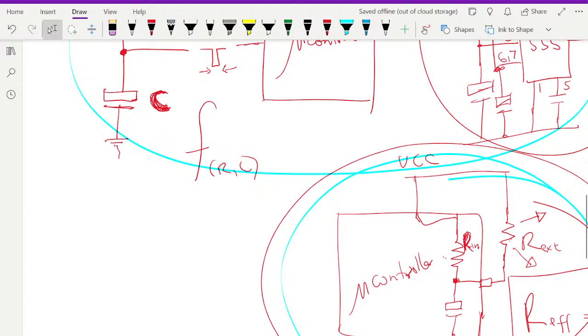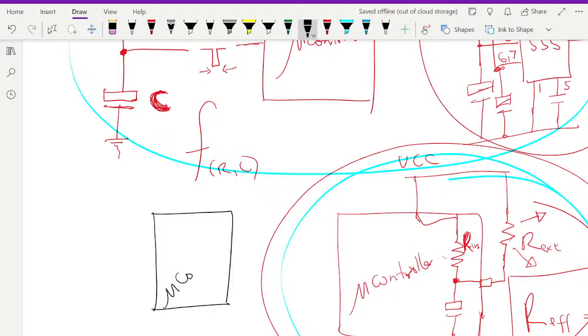You have your microcontroller or whatever system that you want to reset, and then you have the reset pin here. Assuming that this reset is also negative going, you just have a good old switch.